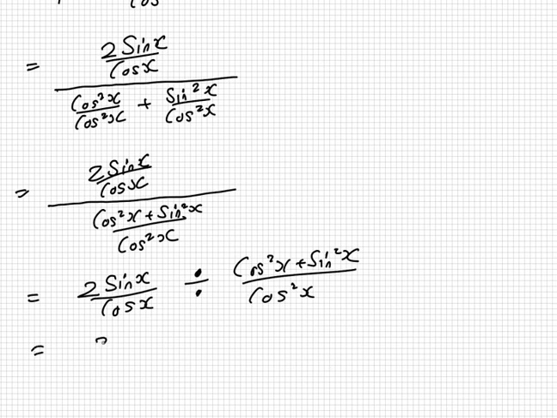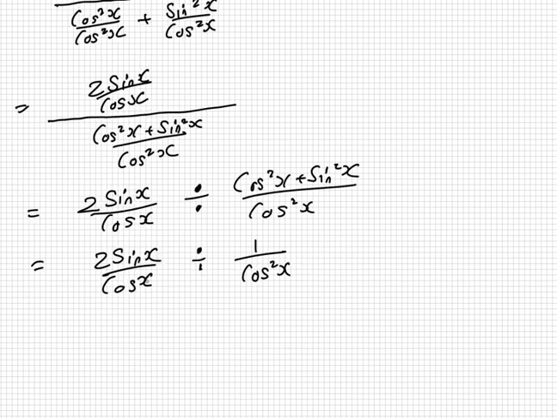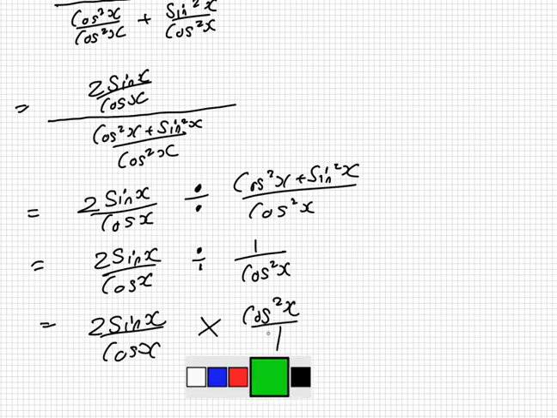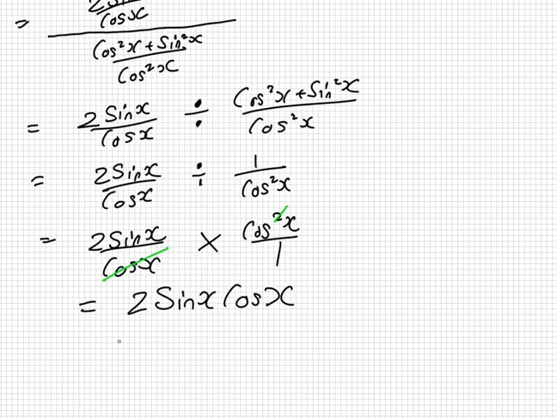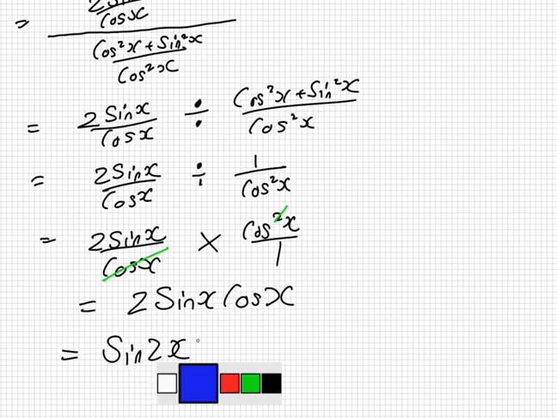Well, that's 1. So you have 2 sine x over cos x divided by 1 over cos squared x. So that's 2 sine x over cos x multiplied by cos squared x over 1. So this cos cancels with the square, and you're left with 2 sine x cos x, which is sine 2x. Daniel, focus or get out.